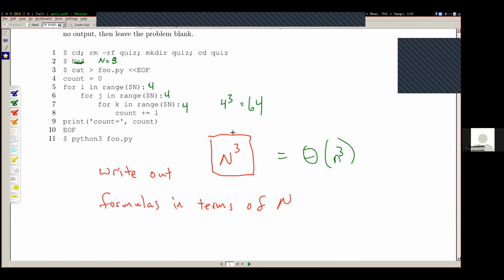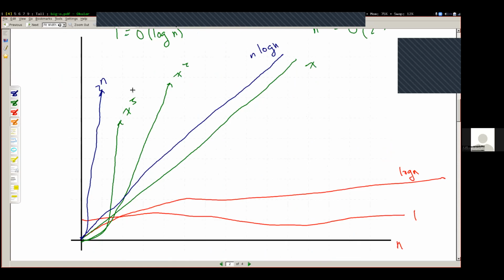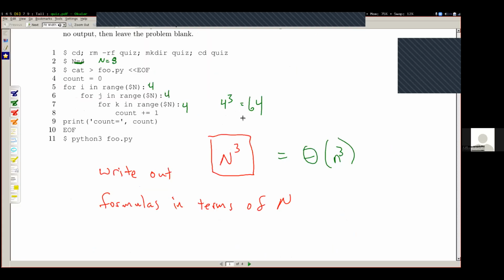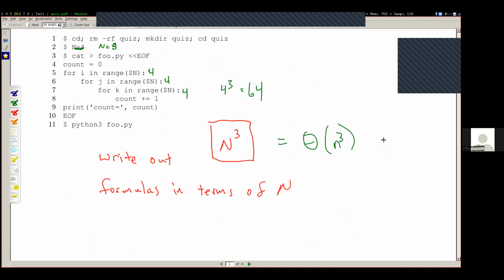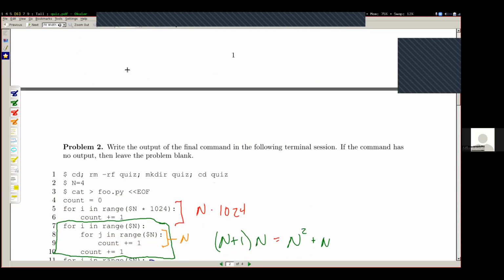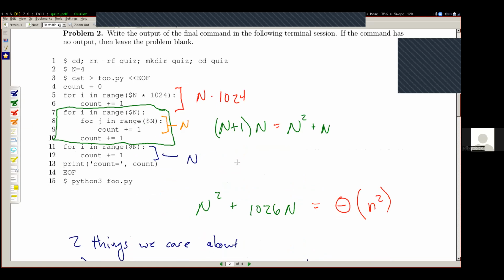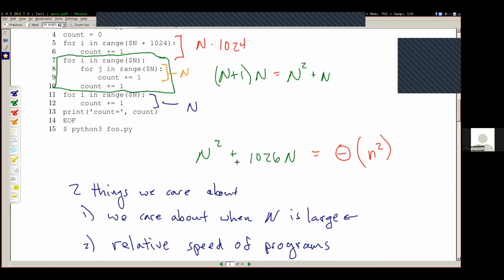And we were just saying over here that the cubic is greater than the quadratic. And so that means that as n gets large, this program up here is going to take a lot more time to run than this program down here. I'll write that out in words.